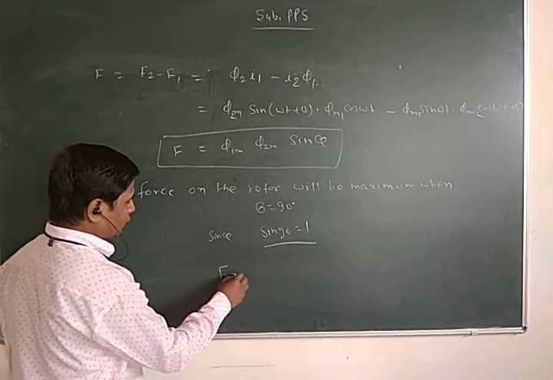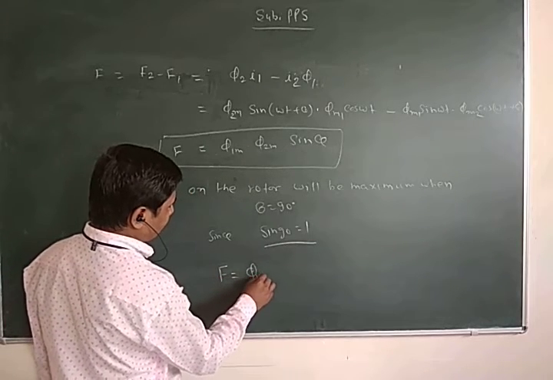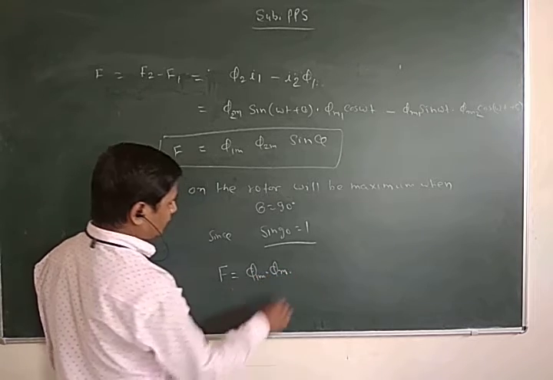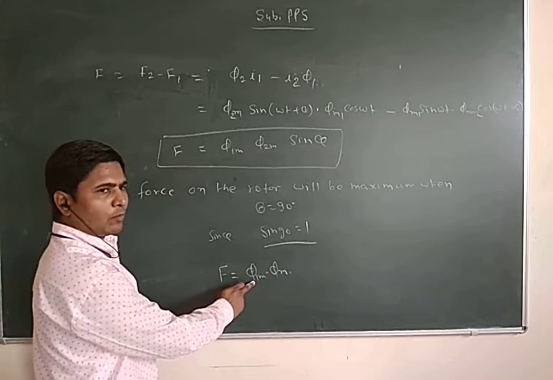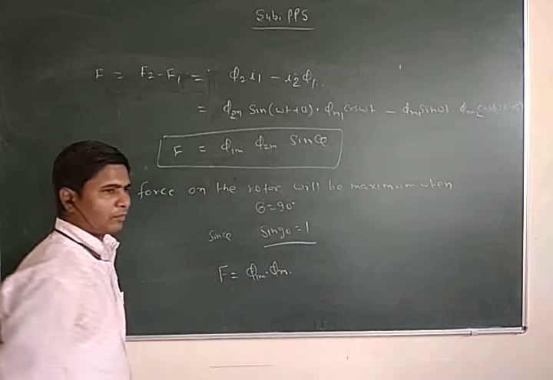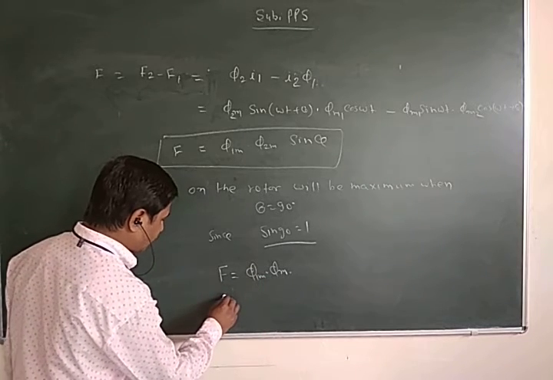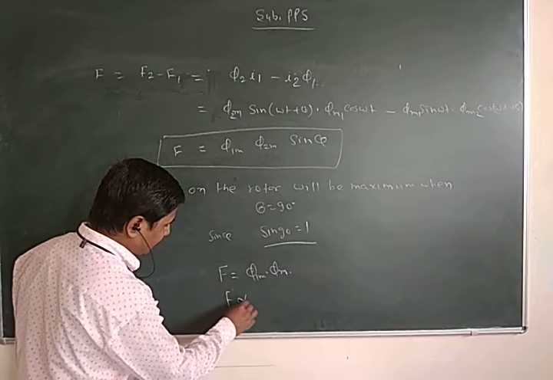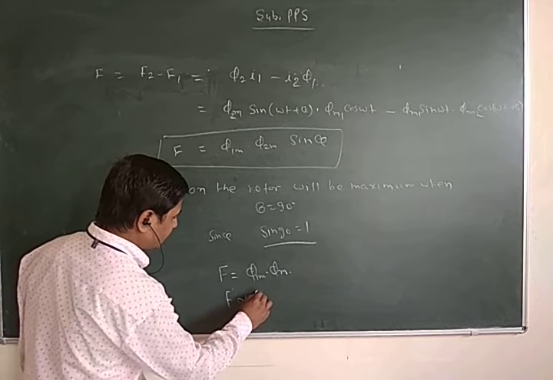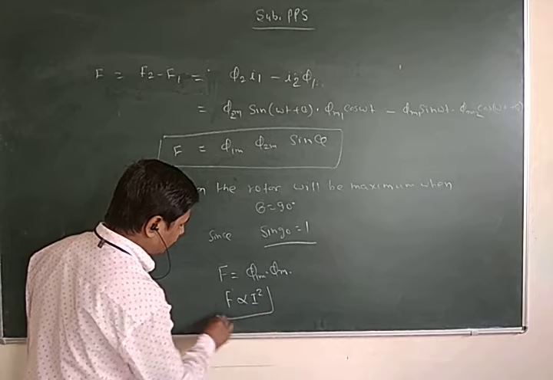So F is equal to Phi1m times Phi2m, and Phi1 is directly proportional to I1 and Phi2 is proportional to I2. If Phi1 and Phi2 are both equal, then we can write that force is directly proportional to the square of current.